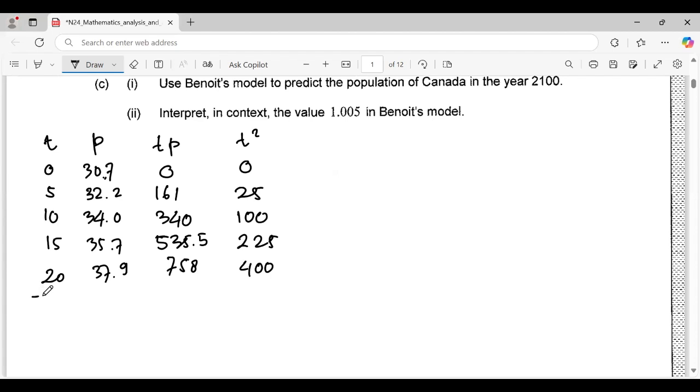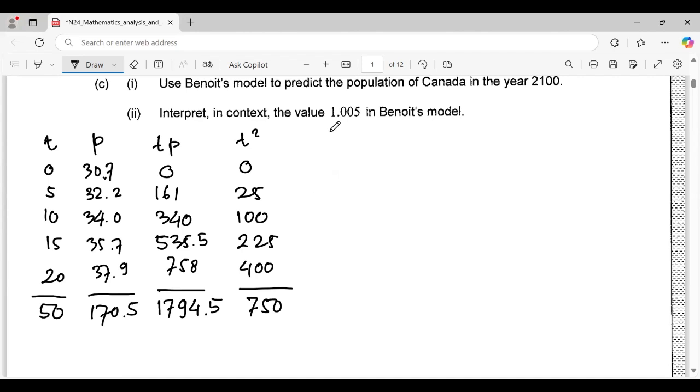And then the accumulation: sigma T equals 50, sigma P is 170.5, sigma TP is 1794.5. That's one. Sigma T squared is 750.